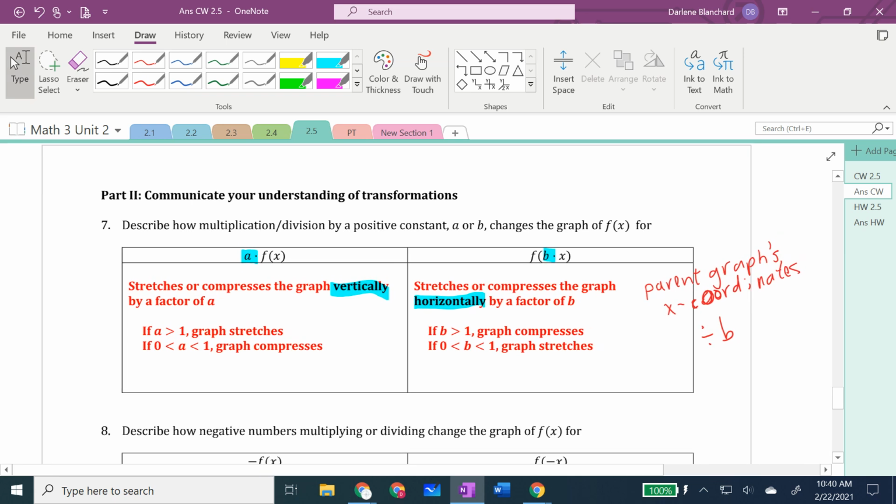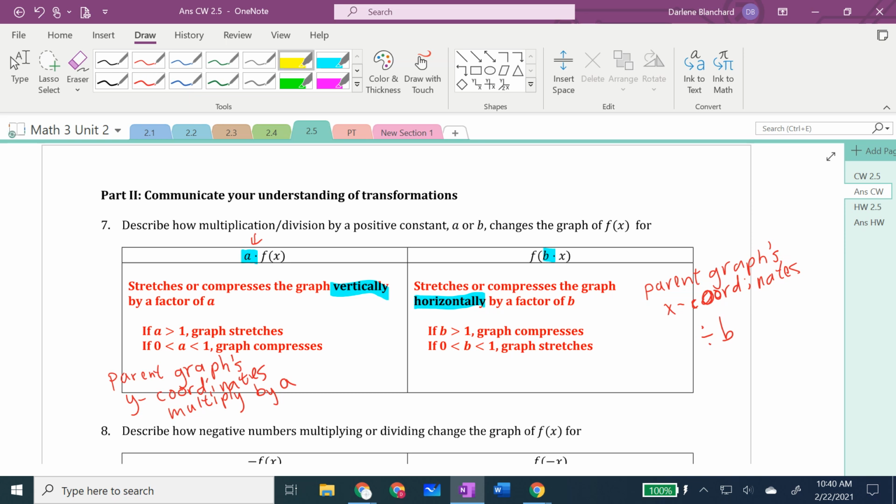When you have the multiplication outside the function, you take the parent graph's y coordinates and you multiply them by b. Or sorry, by a. And that will allow you to find exactly where that stretched or compressed to.